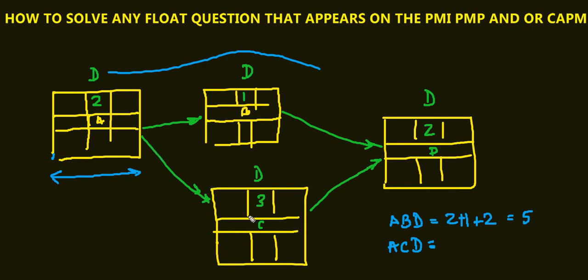Okay, now where were we? The next one, A, C, D, that is 2 plus 3 plus 2, 4 and 3, 7. So from here clearly you know that this is the longest path. The longest path is called the critical path.